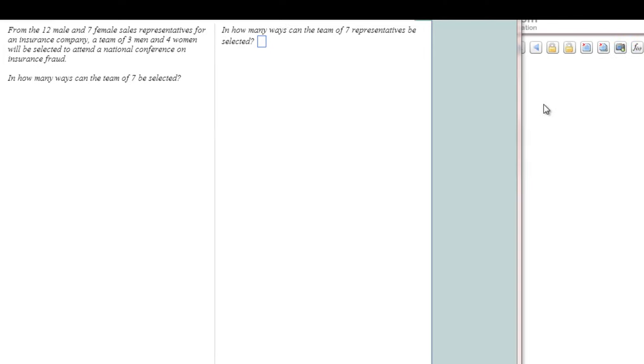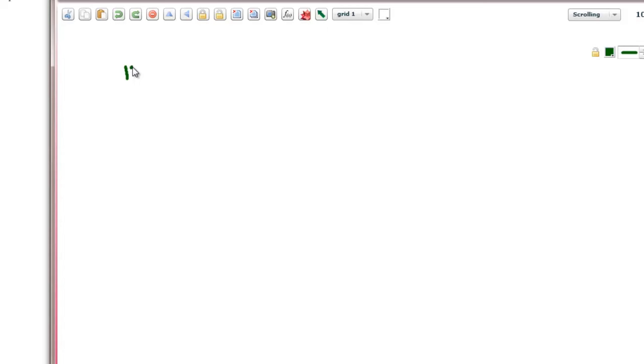We're going to do them separately. We have 12 males, and we're choosing 3. It's actually going to be a combination together with the counting principle. And next, we have 7 women, and we're choosing 4 of them.